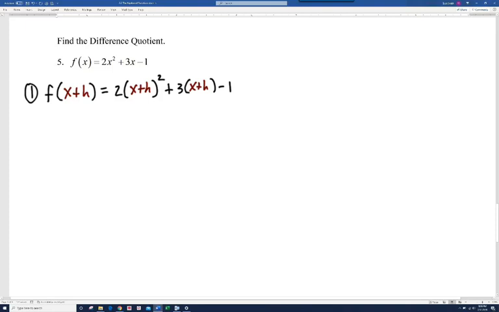So let's go ahead and plug in x plus h. Now you got to be careful here that you use the order of operations. We don't start by multiplying by 2. We're going to want to actually square this x plus h first. And so that's what I'm going to do off to the side here. So I'm going to go ahead and FOIL this. I'll get x squared plus xh plus another xh.